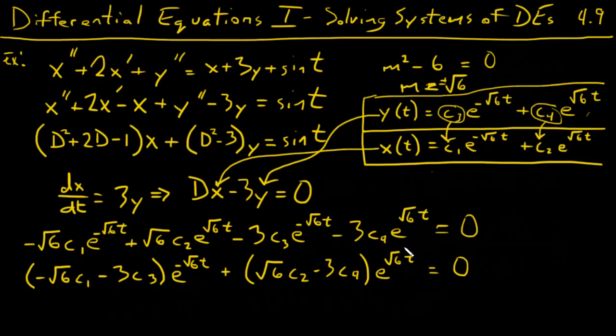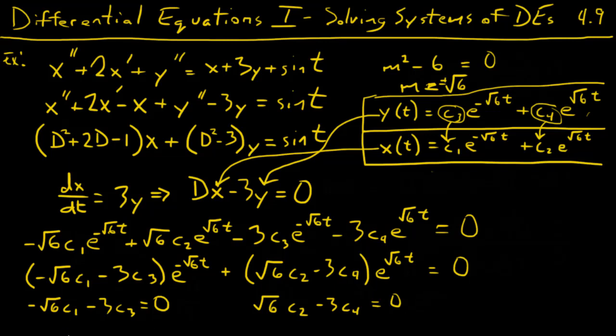This can never be 0, this can never be 0, which means that these have to be 0. So now I can say negative root 6 C1 minus 3 C3 has to equal 0, and root 6 C2 minus 3 C4 has to equal 0.